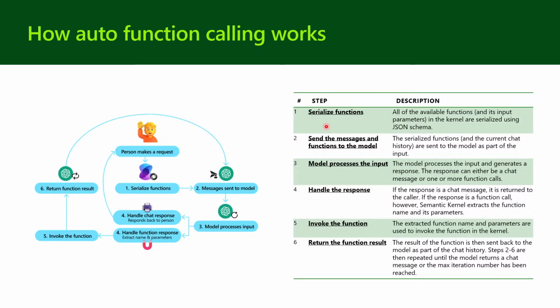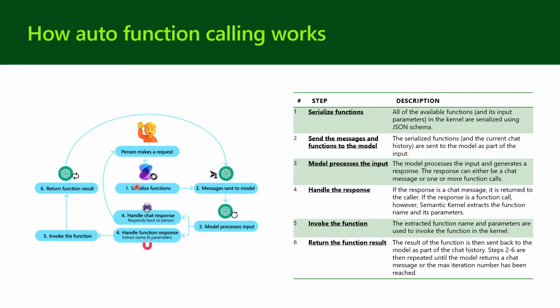But whichever method you choose, all of them are serialized to JSON format in the background. That's the first step, serialization. All of the available functions and their inputs are serialized into JSON format.